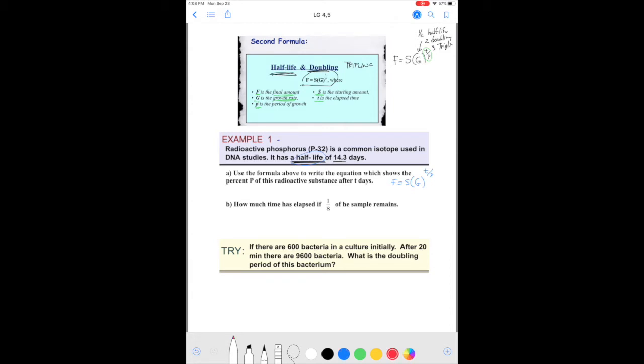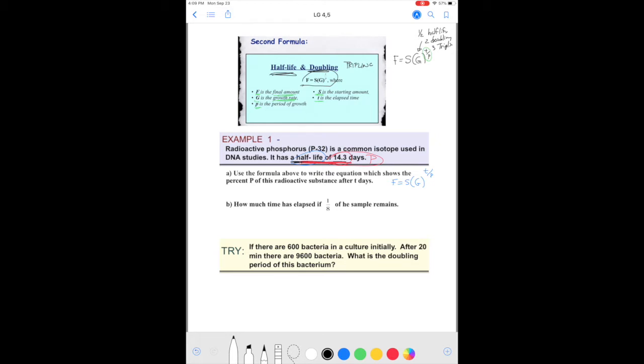So now, what does the 14.3 mean? Is it the time or is it the period? Well, my rule of thumb is that if it's attached to the half-life, see that it's attached, they're together, it's the P. 14.3 is the P. So now I know that's going to go in there.